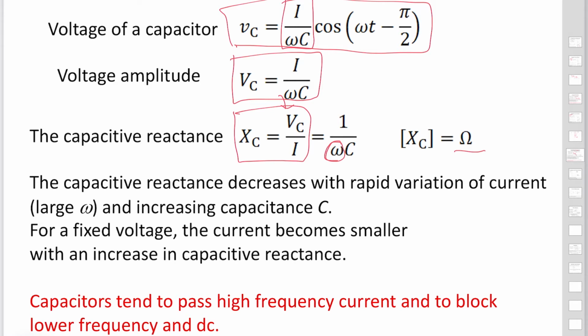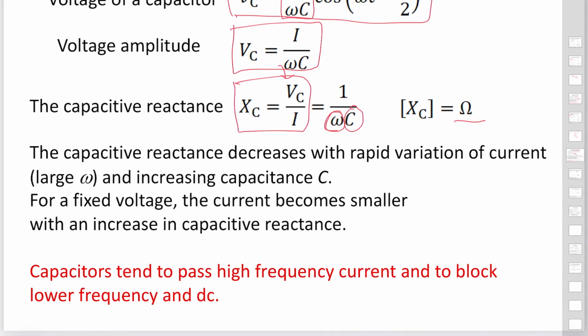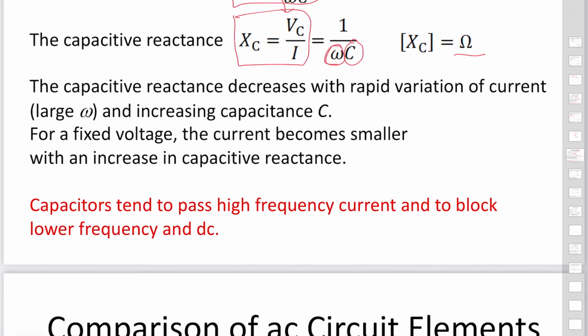Or if you increase the capacitance C, then X sub C also decreases. For a fixed voltage, the current becomes smaller with an increase in the capacitive reactance. So capacitors tend to pass high frequency current and block low frequency and DC.